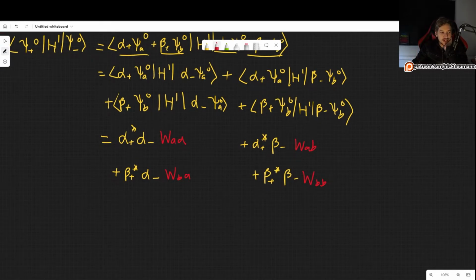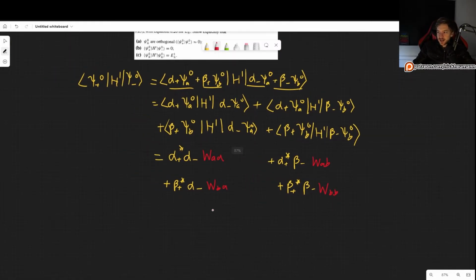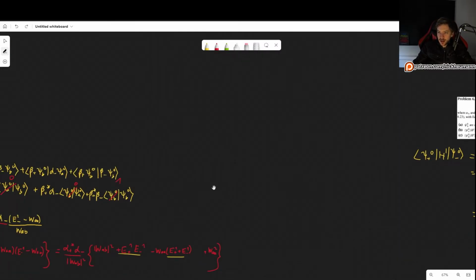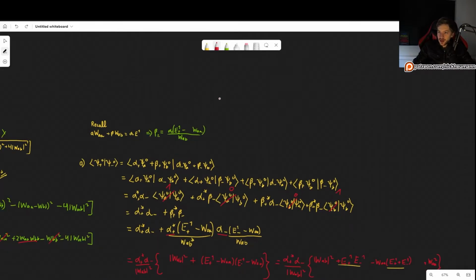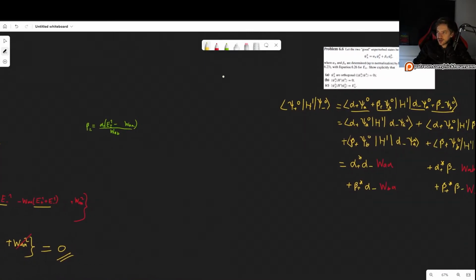So the question here is, which one should we use? Well, let's begin by simply substituting the expression that we found. So let's use this expression here for beta plus and beta minus and see how far it will take us. If we end up having problems later on, we can always go back and substitute something else. Sometimes, we just have to try a little bit. Okay, so that is what we want to now substitute.